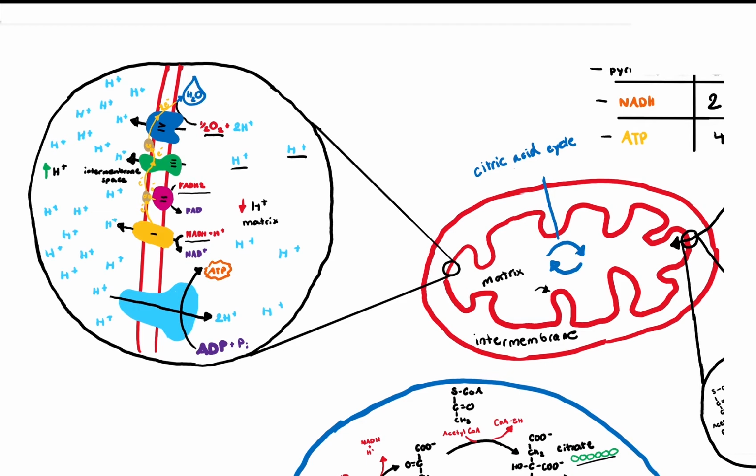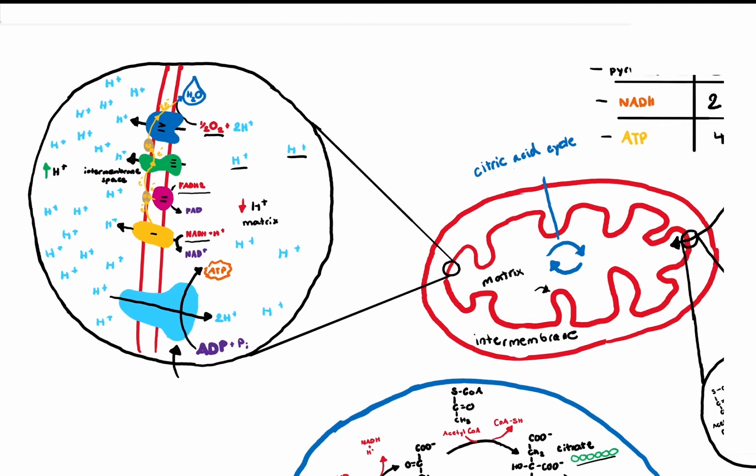This occurs in your inner membrane, between the matrix and the intermembrane space. And as you can see here, it's made up of two parts. You have your electron transport chain, which is made up of these 4 complexes, and then you also have ATP synthase. So we've labeled these 4 complexes, and you can see ATP synthase is right over here.